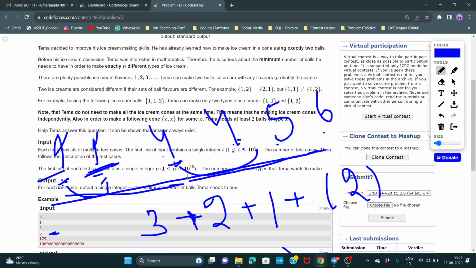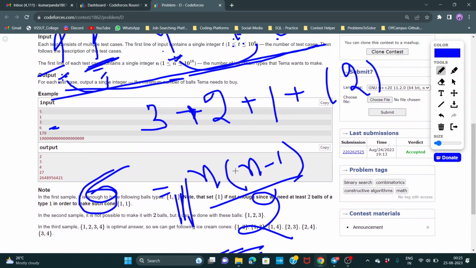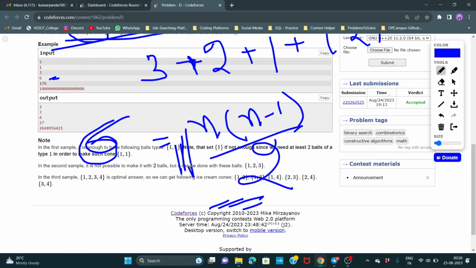This is the formula for when all the balls in our set have different flavors. What is the maximum number of ice creams that we can make?